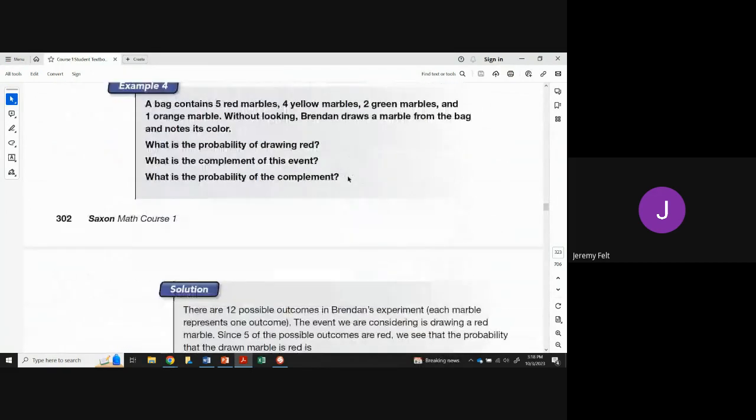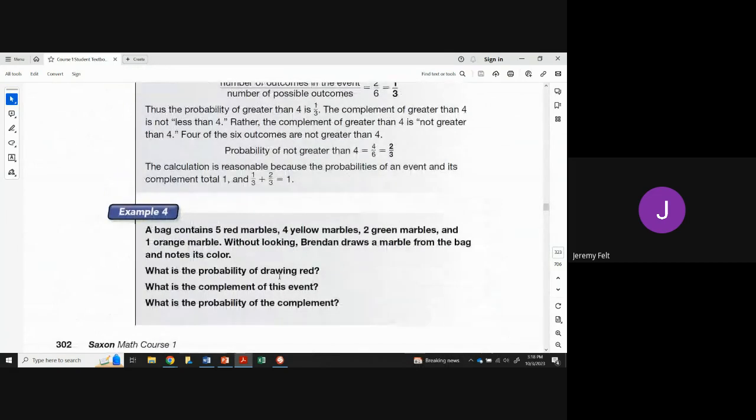Let's look at example 4 here. A bag contains 5 red, 4 yellow, 2 green marbles, and 1 orange. Without looking, Brendan draws a marble from the bag. So we have 5, 9, 11, 12. So 12 marbles. The probability of drawing red would be 5 in 12.